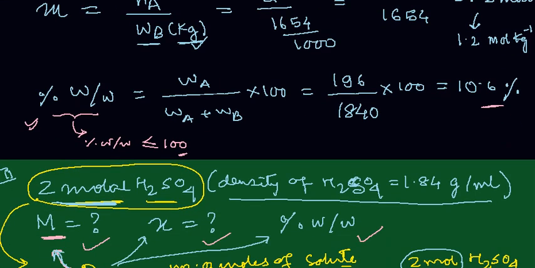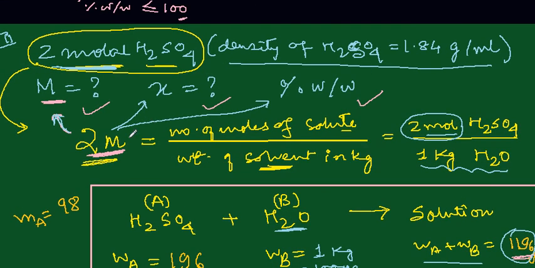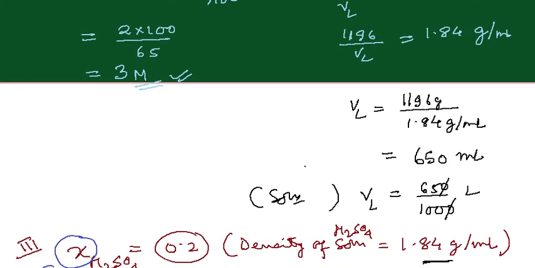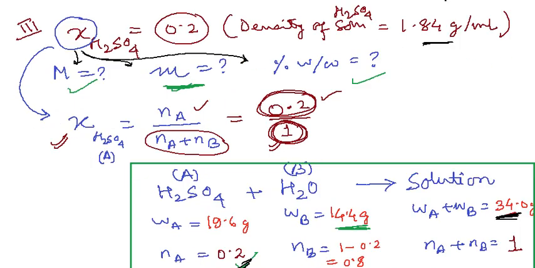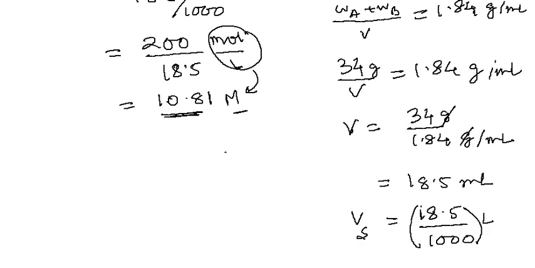In the second case scenario, we have seen how to convert the molality into various concentration terms. In the third case scenario, we have seen how to convert the mole fraction into various other concentration terms. So let's look into the fourth case scenario.